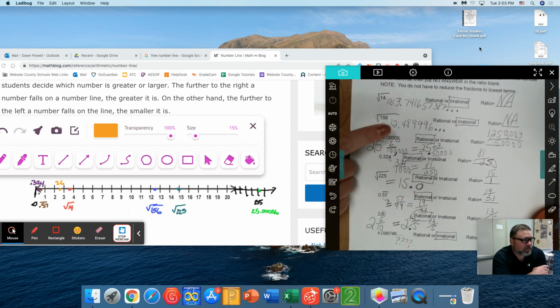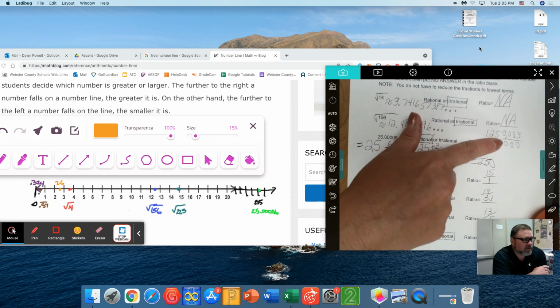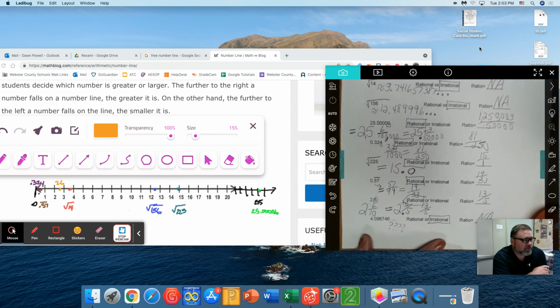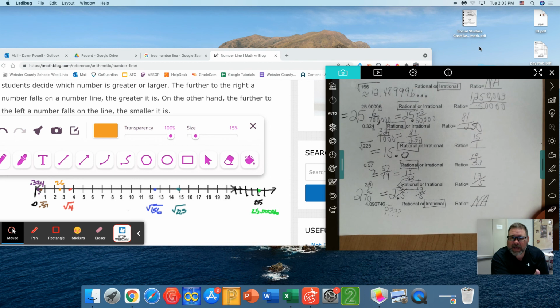So every number has a decimal representation, but not every number has a ratio that it can be represented by. And those irrational numbers, the most famous one being pi, are non-terminating and non-repeating, so it's just going and going. We don't know the exact decimal representation, but we approximate it, like this one is 4.09. So it's just a little over 4, right?